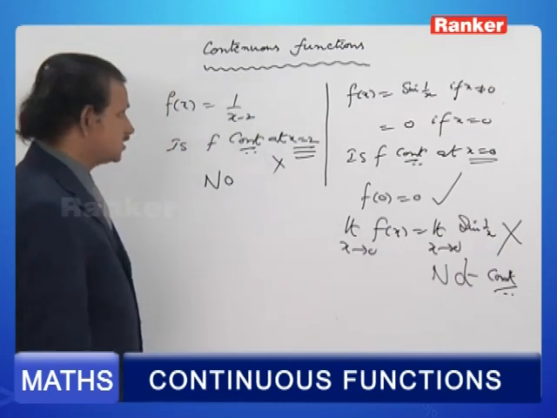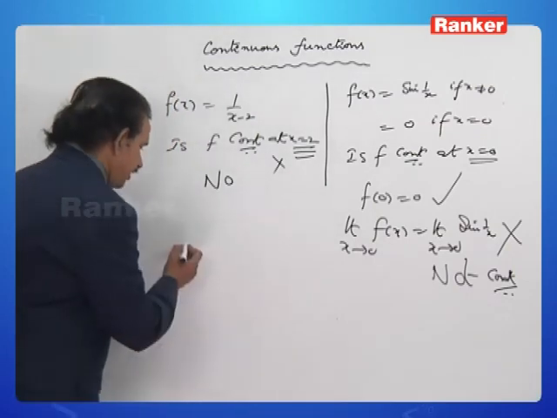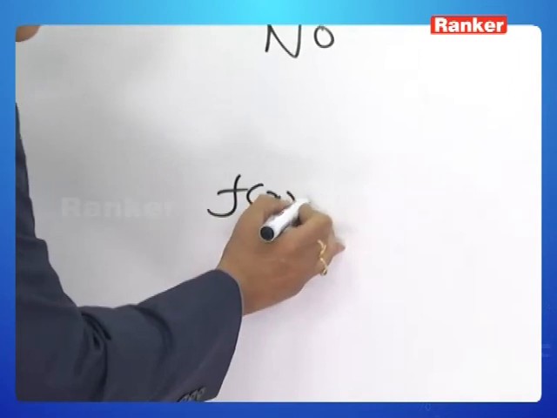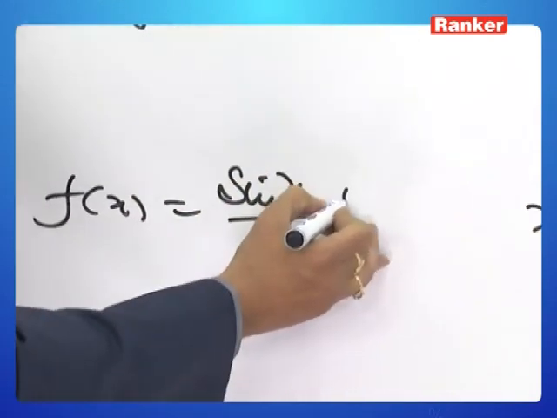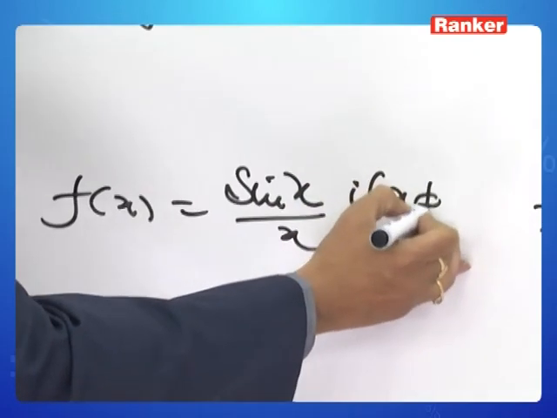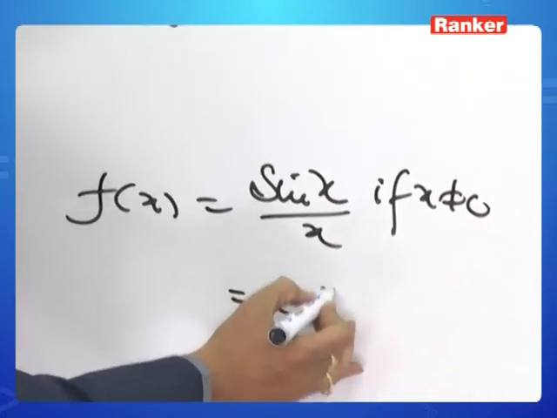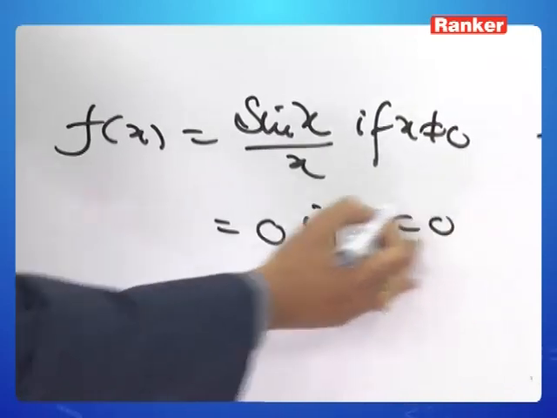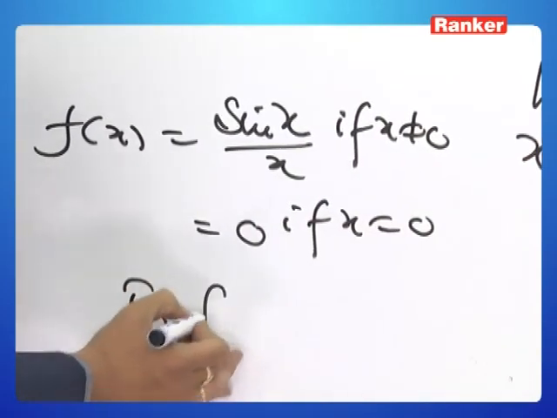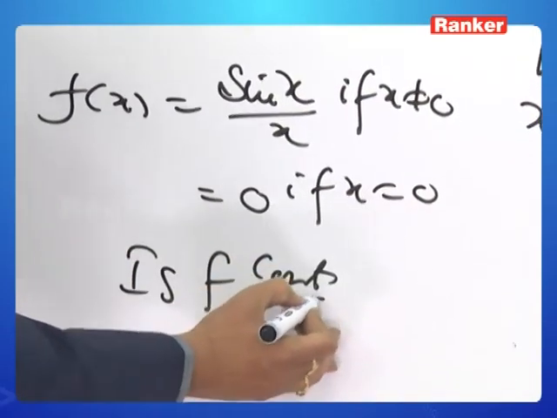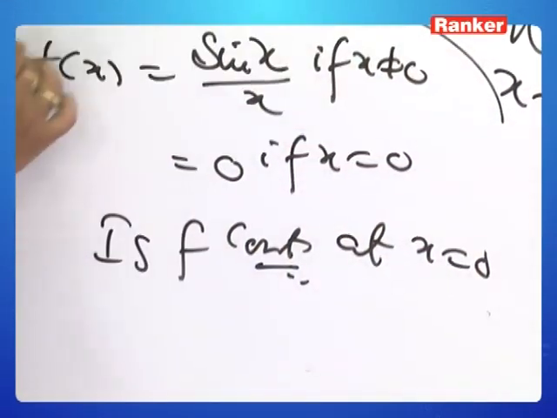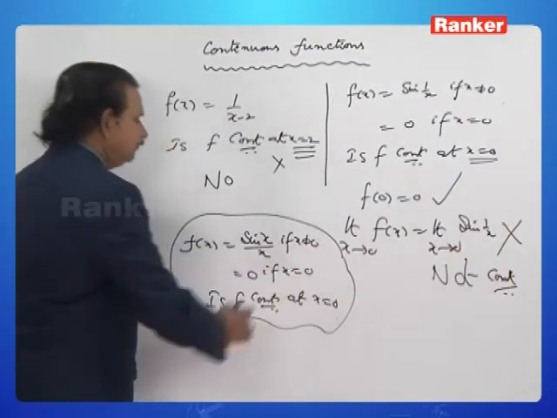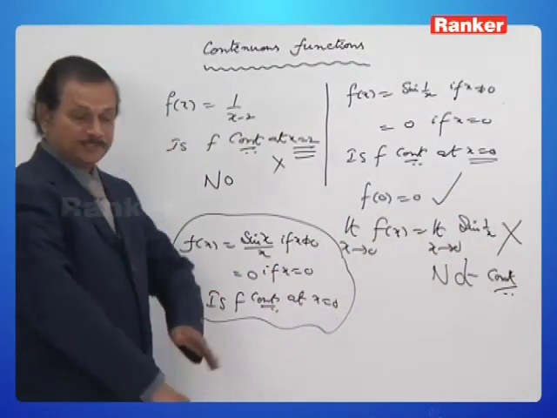Now, let us observe the third example. f(x) = sin(x)/x if x is not equal to 0, and 0 if x = 0. Is f continuous at x = 0?